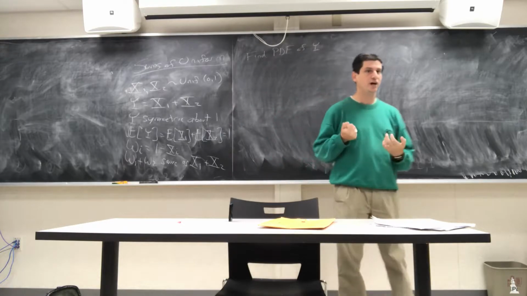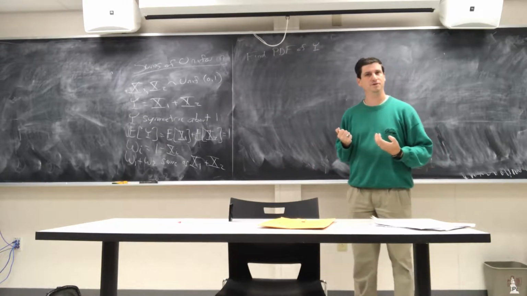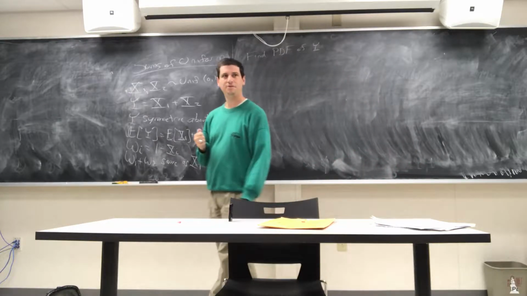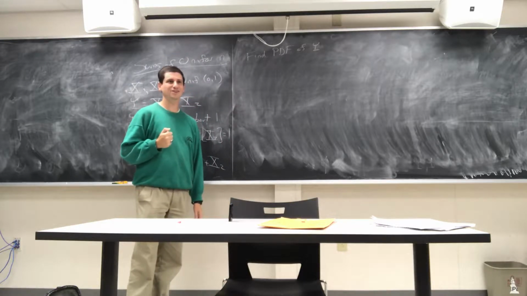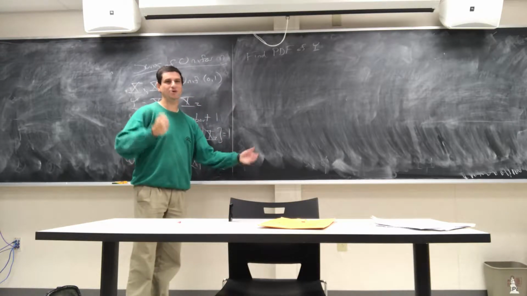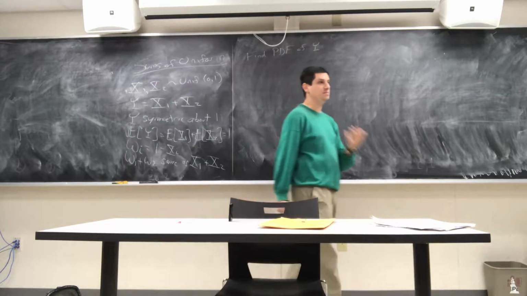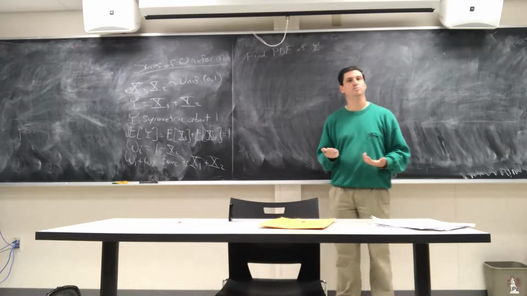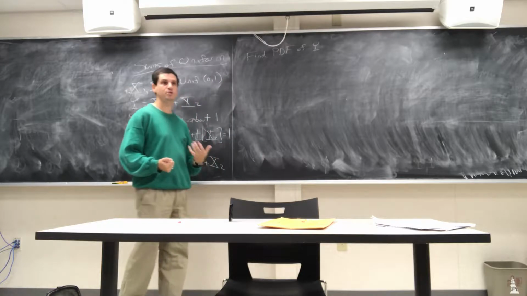If you don't notice that it's symmetric, what would you just do? Well, we're doing the convolution anyway. You just keep calculating. So if you ever miss a symmetry argument, it doesn't mean it's game over. It doesn't mean you can't get the problem right. It just means you have to do a little bit more algebra. But if you notice some symmetries, you can often cut down on how much algebra you need.